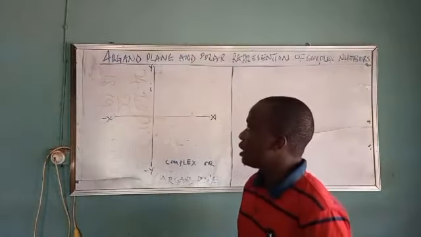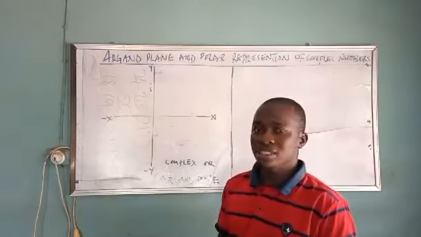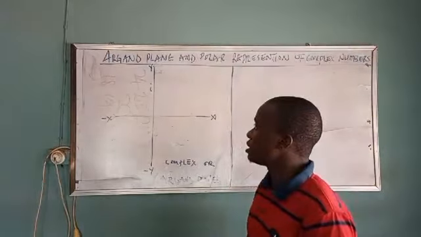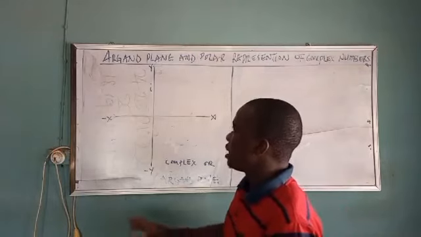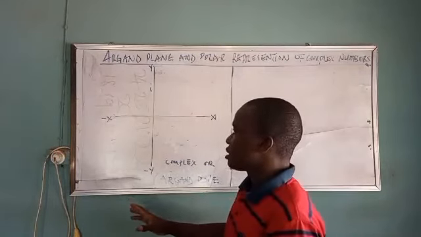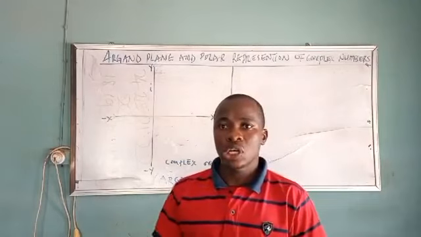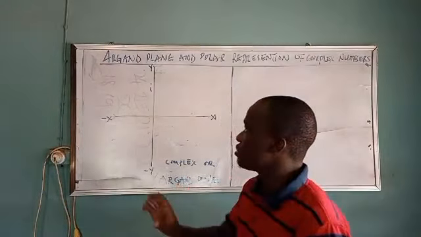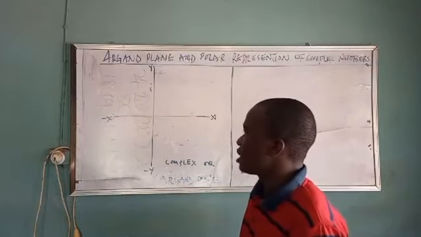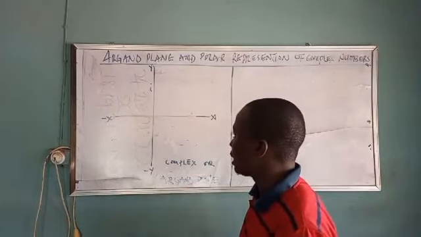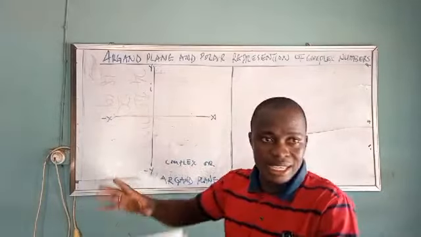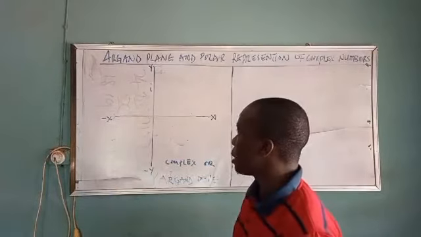Now, the Argand plane, we call it the Argand plane or, at times, the complex plane. It's a plane where you can have a complex number assigned to each of its points. This looks like a Cartesian plane.